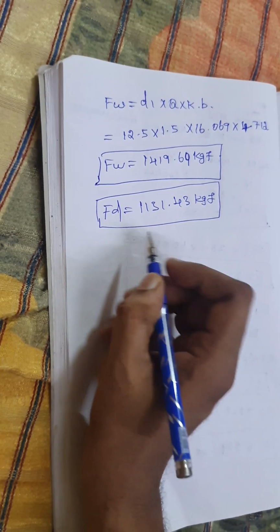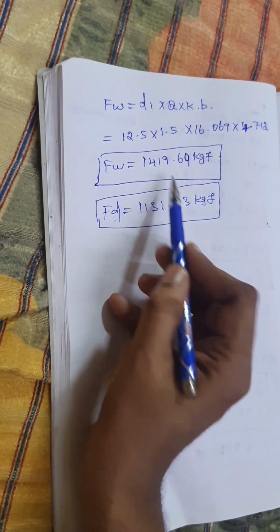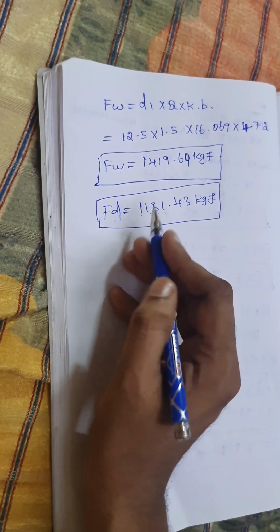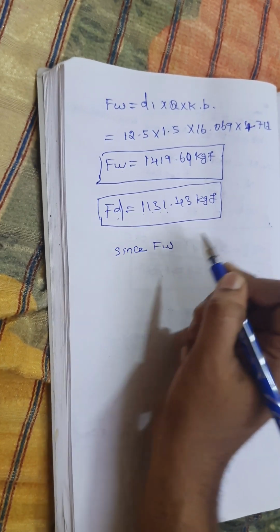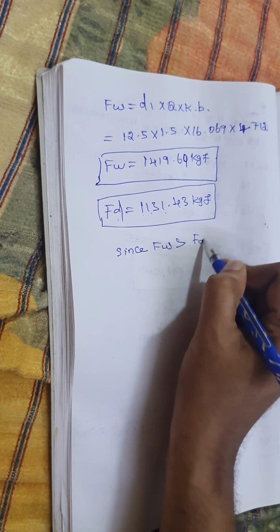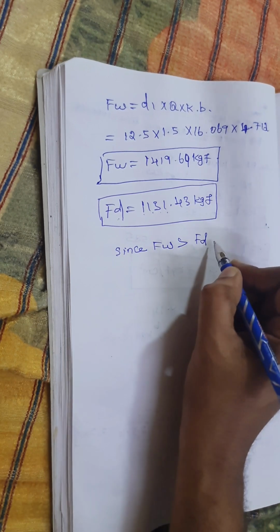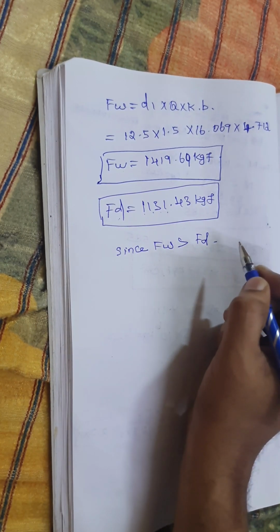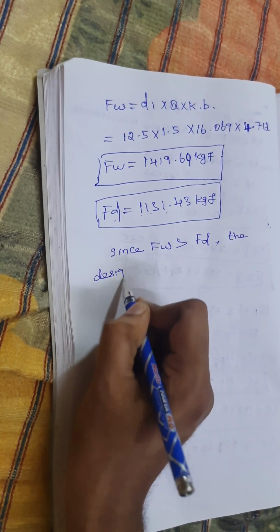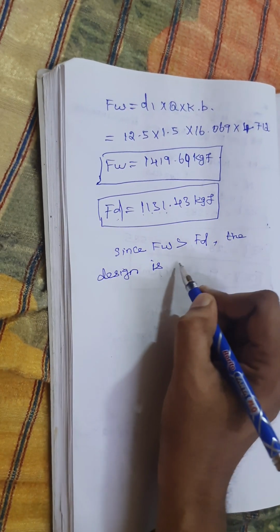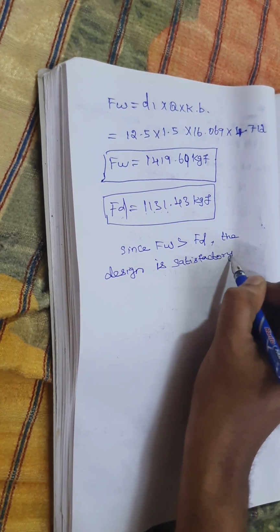Here the F of W value is greater than F of D, because it is 1419 and F of D is just 1131. Therefore, since F of W is greater than F of D, the design is satisfactory based on wear strength.